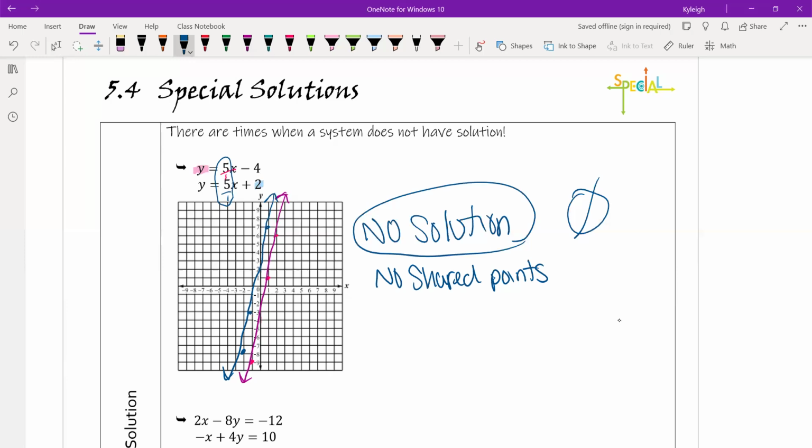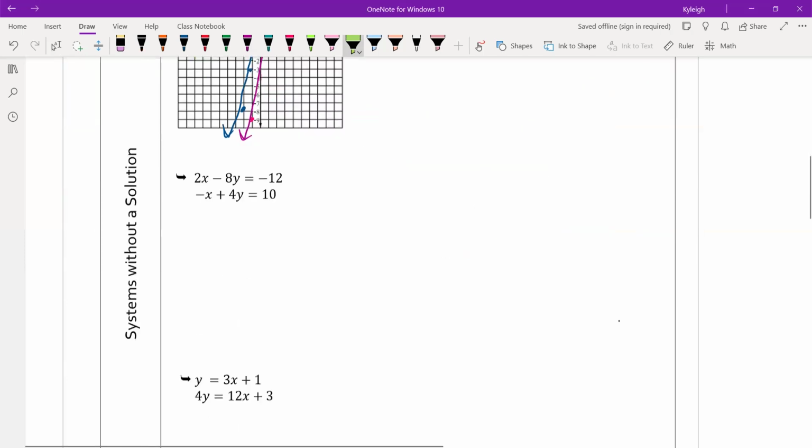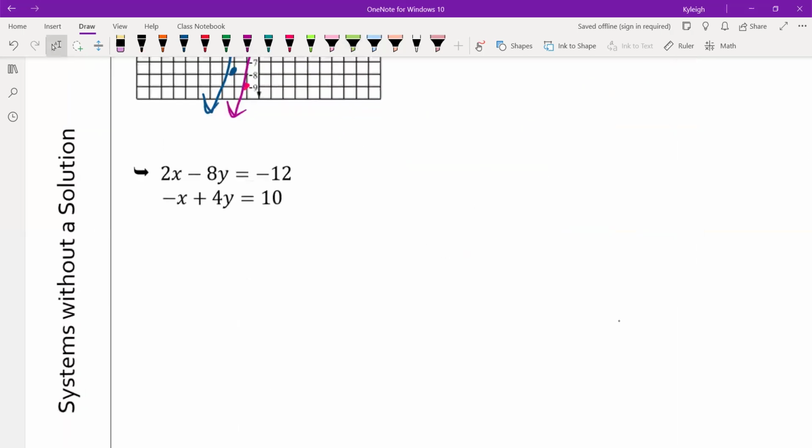And again, we knew to graph these because they both started with y equals. That's why I did that. Looking at this one, I see no variables isolated. So that tells me I should probably use elimination. But in order to use elimination, they have to be the same number but opposite signs.